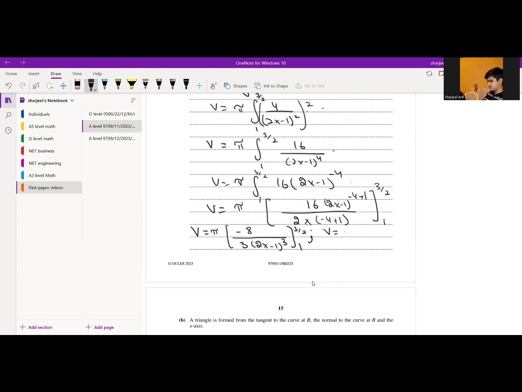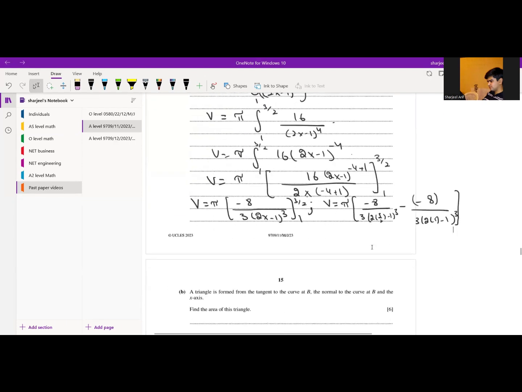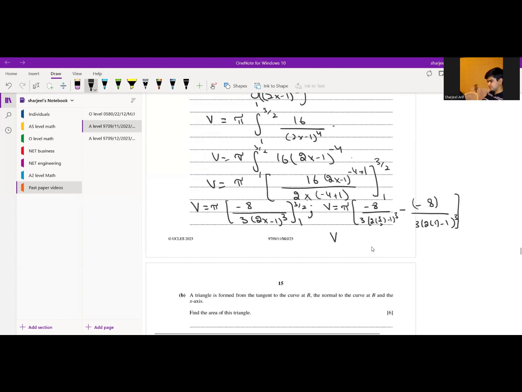You will get pi into minus 8 divided by 3 into (2 into 3 by 2 minus 1) whole cube, minus minus 8 divided by 3 into (2 into 1 minus 1) whole cube. So your answer will be V equals pi into 8 by 3 minus 1 by 3. So 7 pi by 3 is the volume.